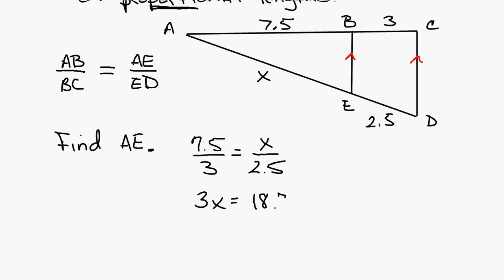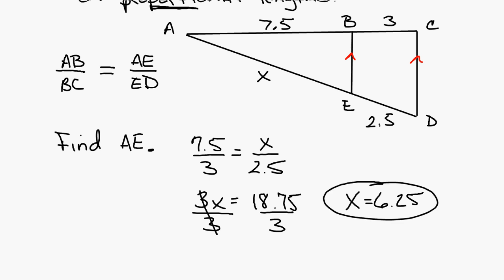Then you can divide both sides by 3, and X is equal to 6.25. So this piece right here is equal to 6.25. Everybody all right with that? Anybody confused?